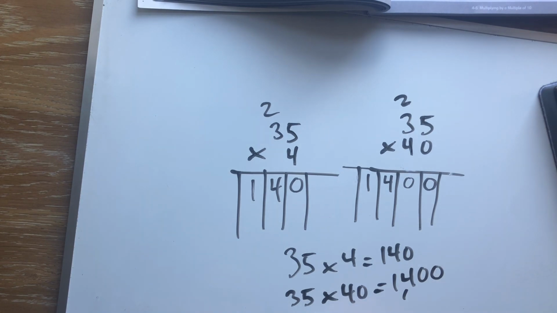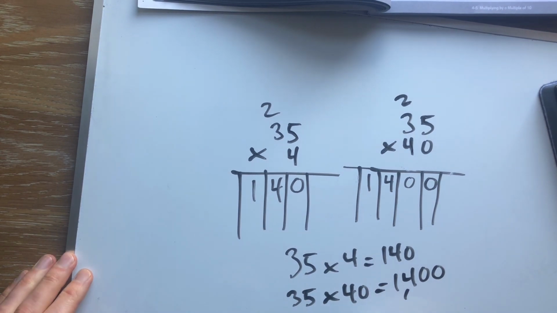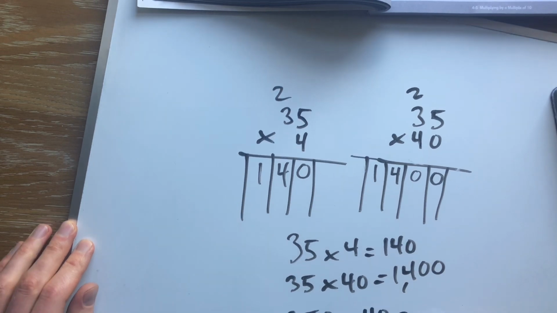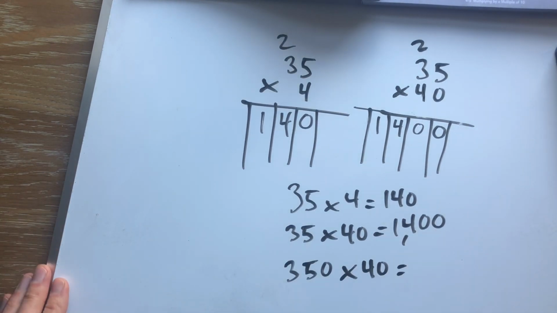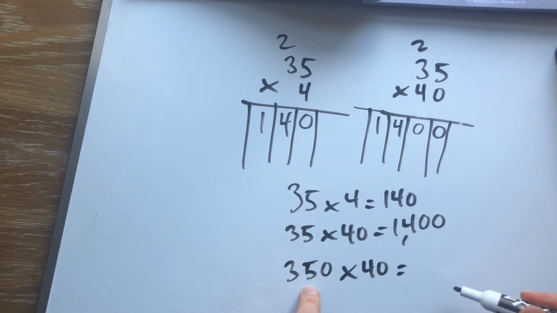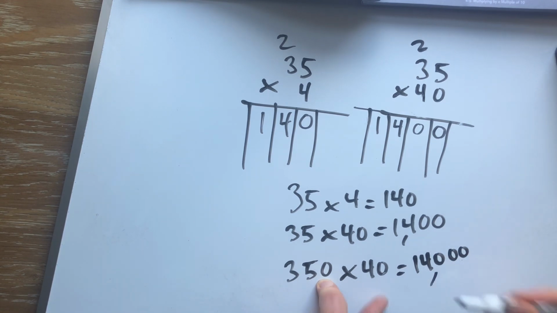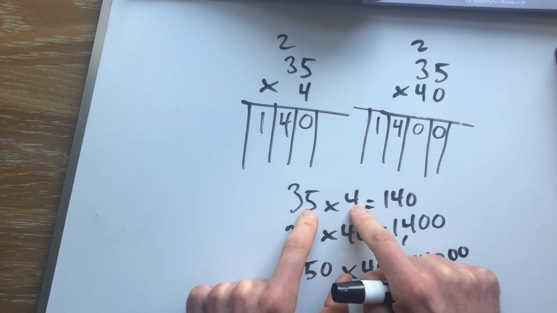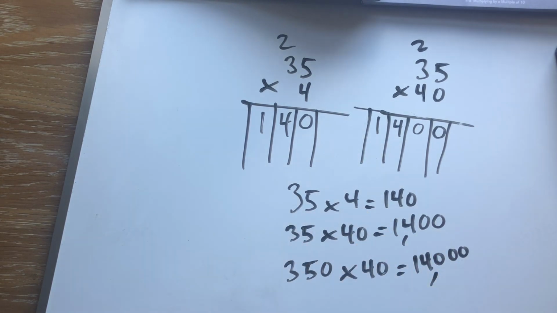Or if I saw a problem like 350 times 40, that sounds really hard, but if we know that 35 times 4 is 140, then I just add the 2 zeros. And you get that number, 14,000. So you're just looking at what can you solve, and then you just add the extra zeros at the end.